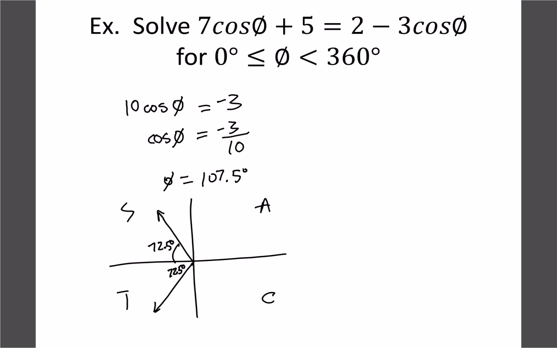So if we go 180 plus 72.5, that would give us an answer of 252.5 degrees. So that's our two solutions. We're done the question. So we just basically rearrange the equation, get it to be just regular sine, cos, tan, or whatever, equals a fraction, solve for it, and then find your corresponding angle that would also be correct.